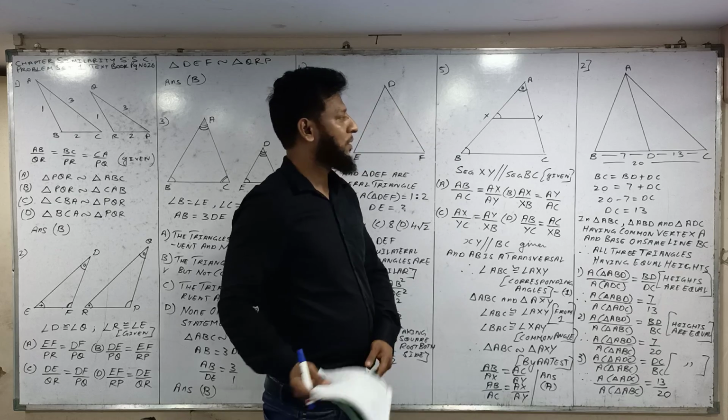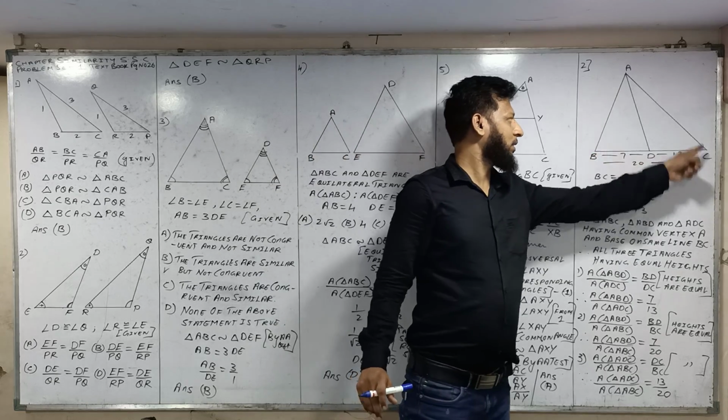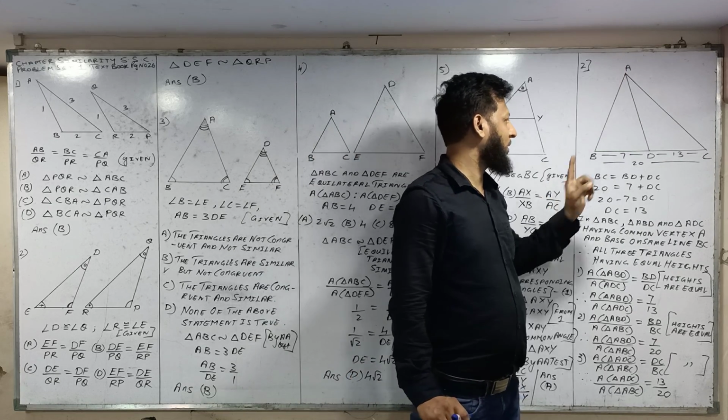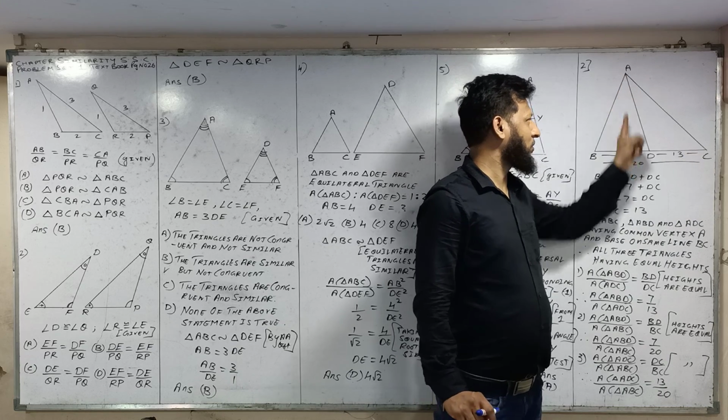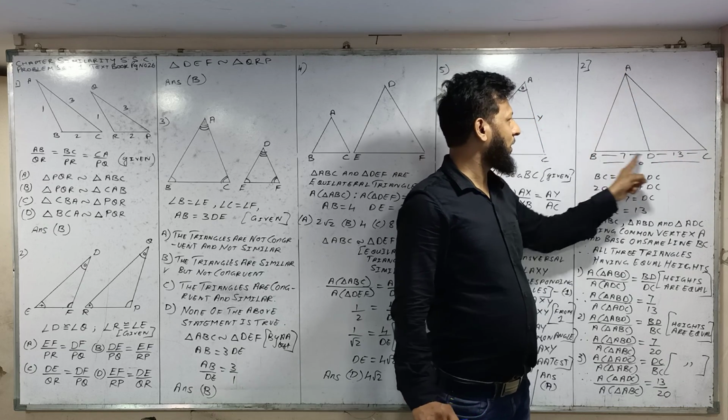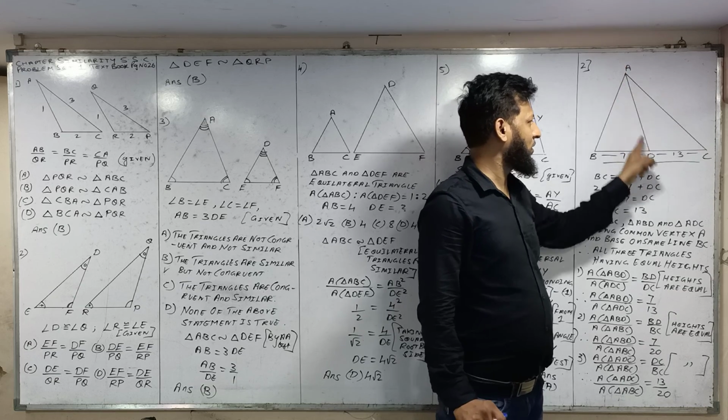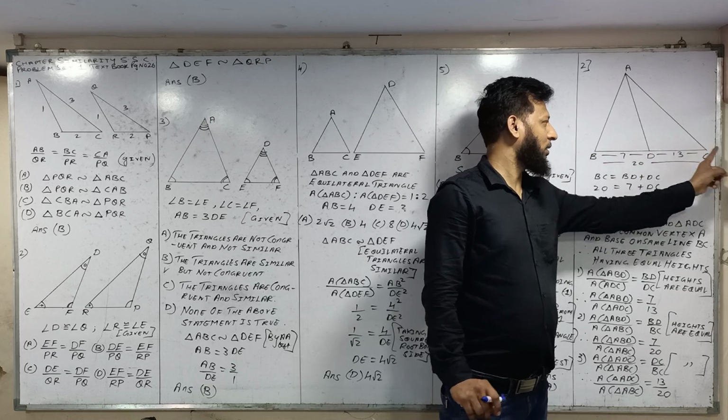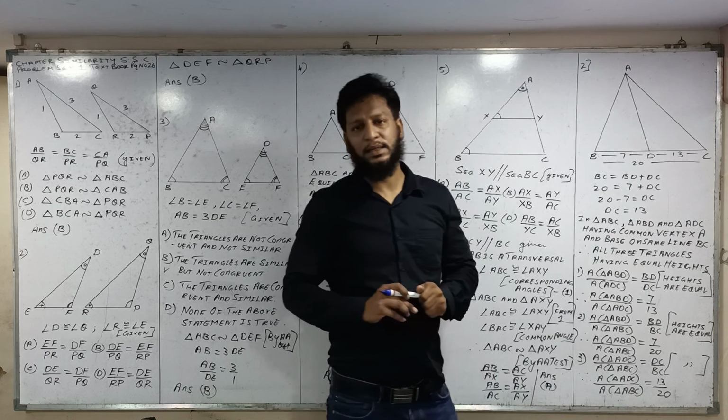So remember this: in triangle ABC, A is a common vertex and BC is the opposite base, and all three triangles ABD, ADC and ABC have their bases on line BC, so the heights are equal.